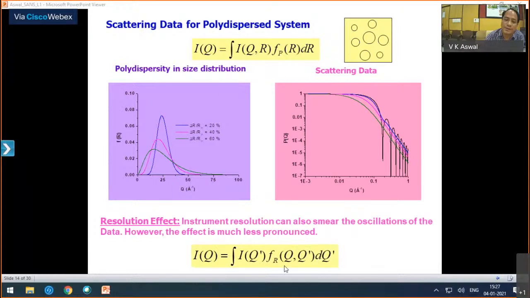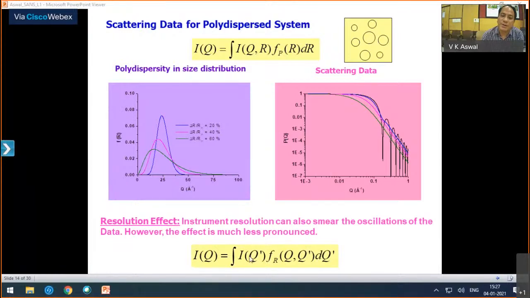One drawback in neutron scattering is that your flux is not very high. So to measure your sample in reasonable time, you spoil your resolution a little bit. And once you spoil your resolution, you don't get the ideal predicted curves.